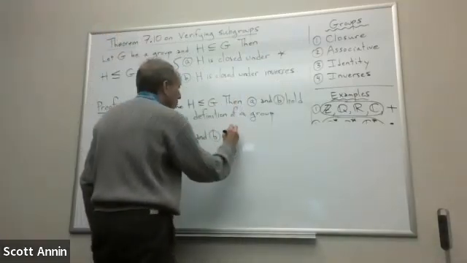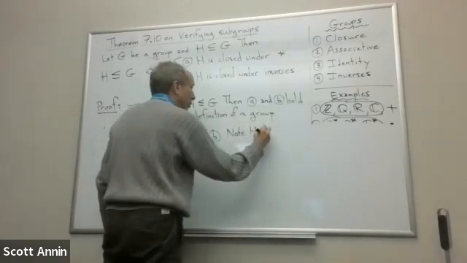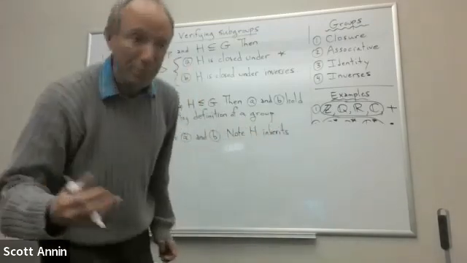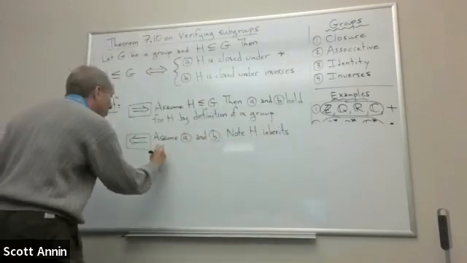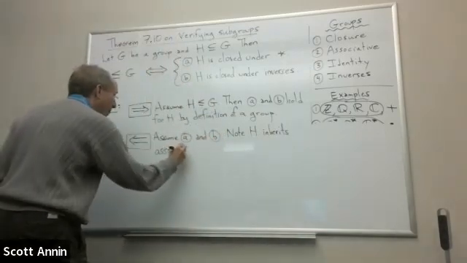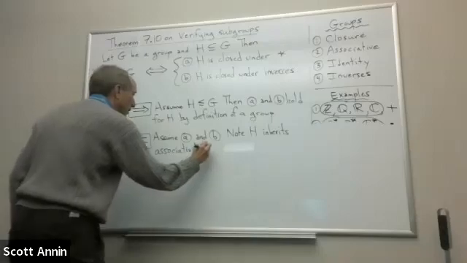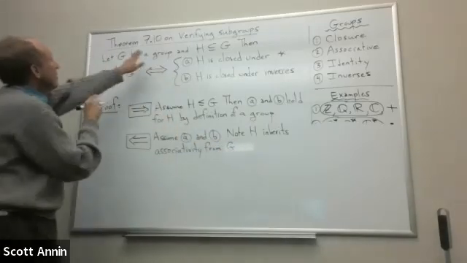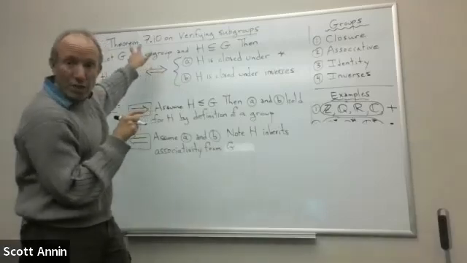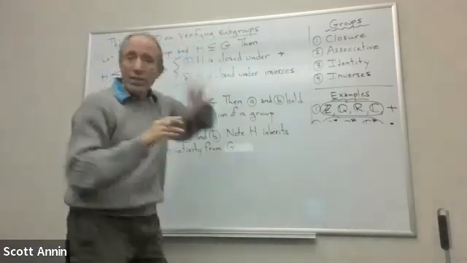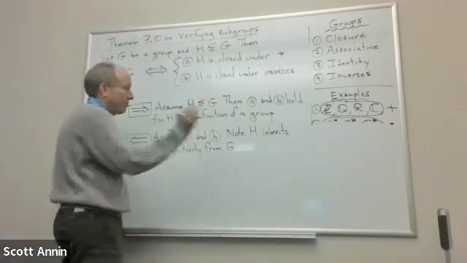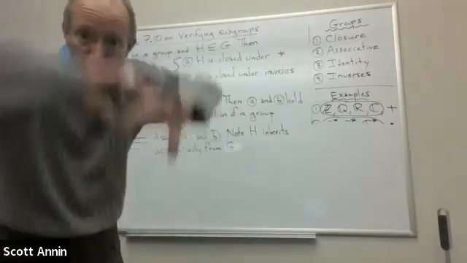I'm just going to note that H inherits, so this actually now makes it into the general proof, it inherits associativity from G. Right? G is already a group, so G is already associative, and H is inside of that. So H is already associative just because it inherits it from the big universe of G.